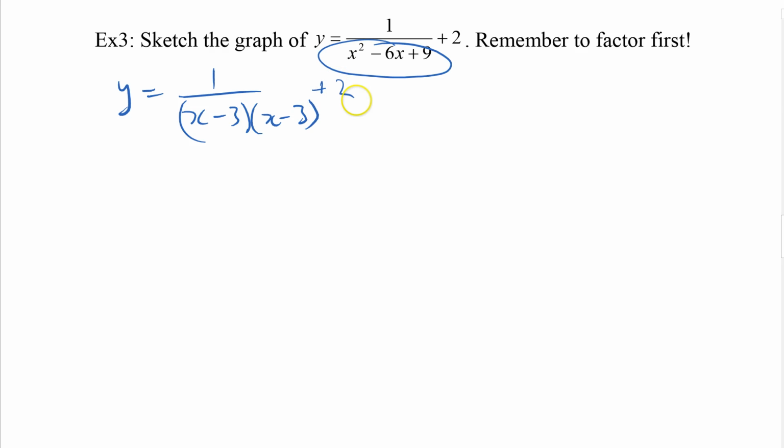I won't forget my plus 2 that's tailing off at the end. In fact, instead of writing x minus 3 times x minus 3, it makes more sense to write x minus 3 all squared.